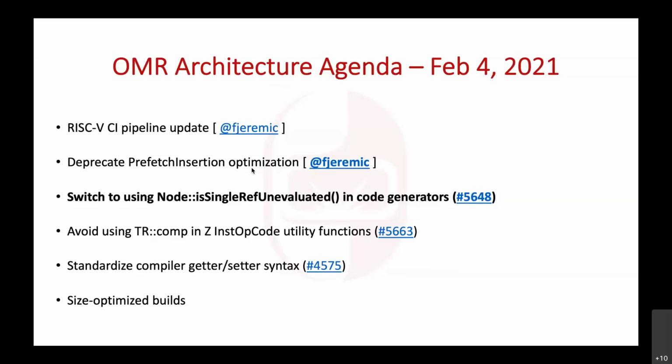So you can't use this API to discover the first and only time you see a node. If the reference count is 1 and it's unevaluated, and you're using that logic to conclude that this is the one and only reference to this node and I've never seen it before, I think that's not the right conclusion in the code generator.